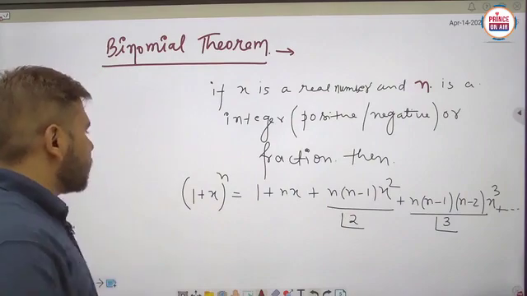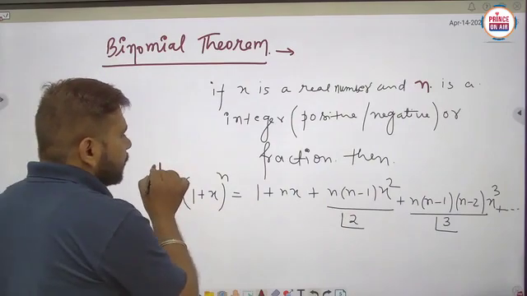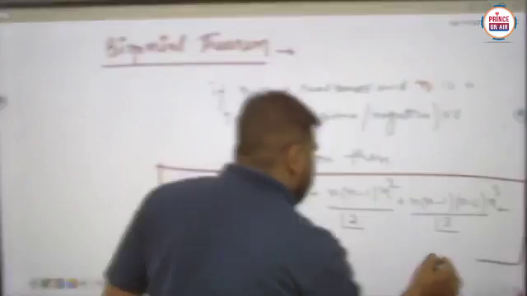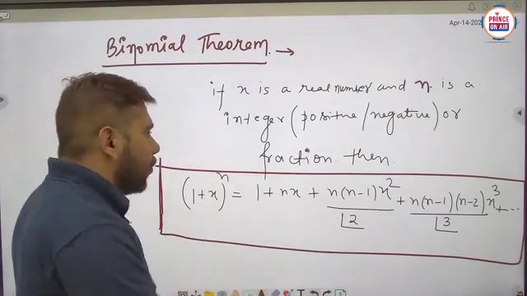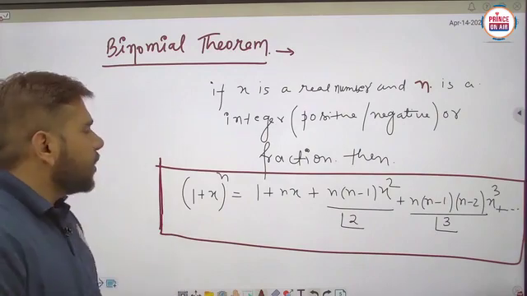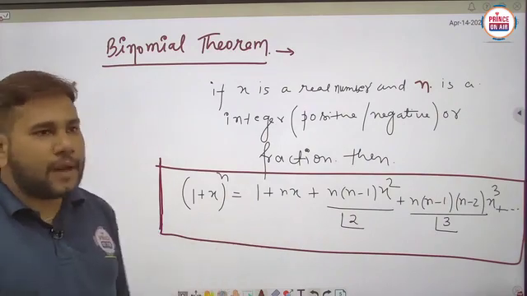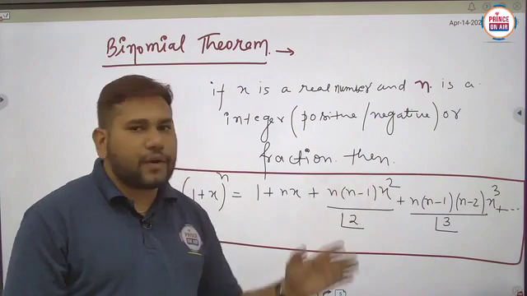So, this is the expansion formula of binomial theorem. Clear beta? So, now let's understand how I use this formula. What is the meaning of factorial 2?